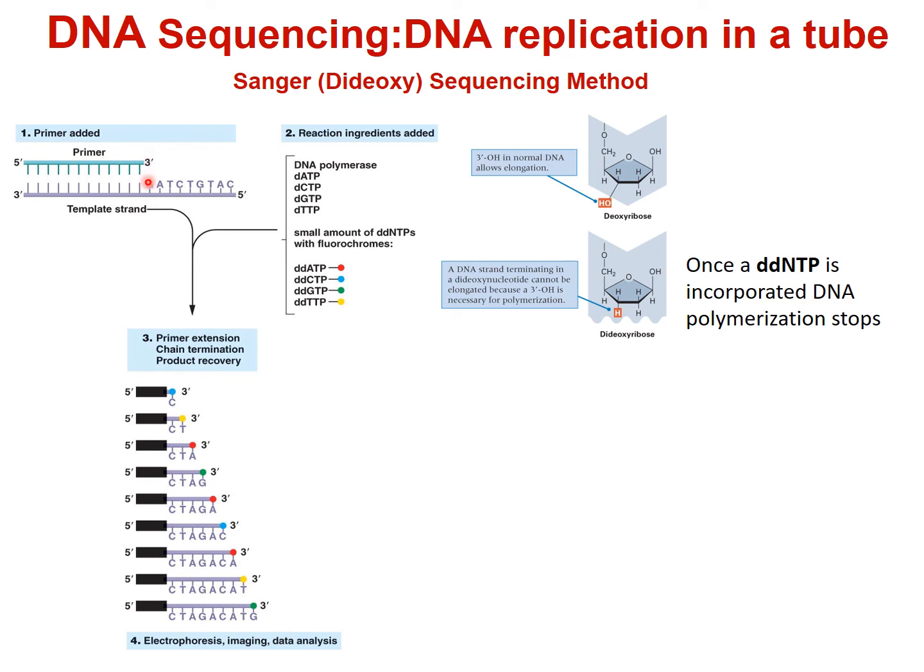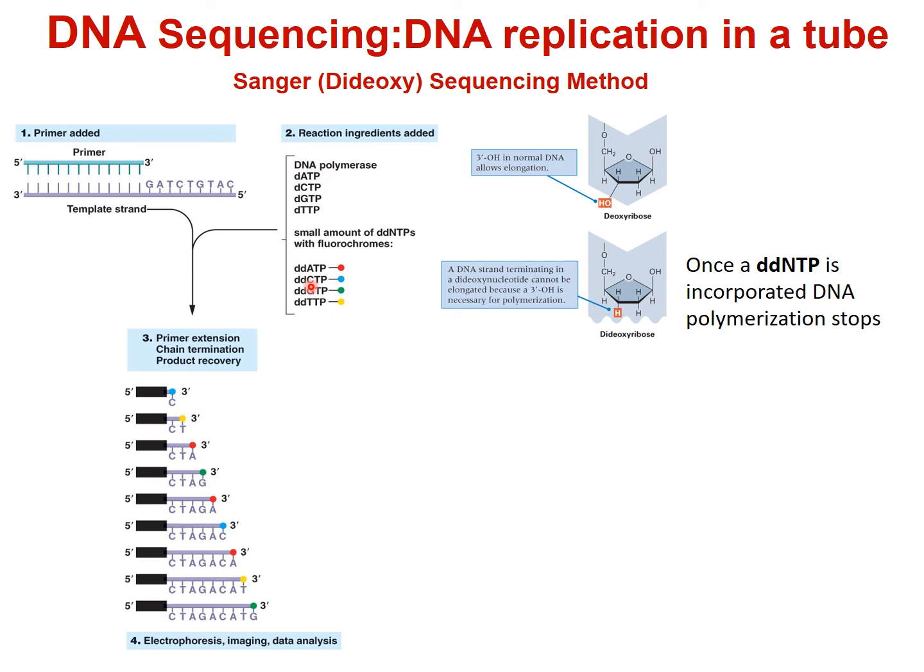So if the first nucleotide that gets incorporated after this primer, across from this G, happens to be a C that is a dideoxy, it'll get incorporated, and that will stop the extension of the newly synthesized DNA strand. So it's going to be the size of the primer plus 1 nucleotide.